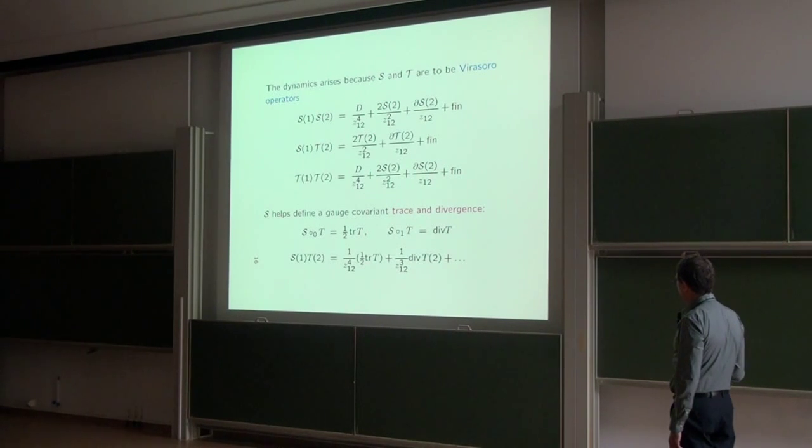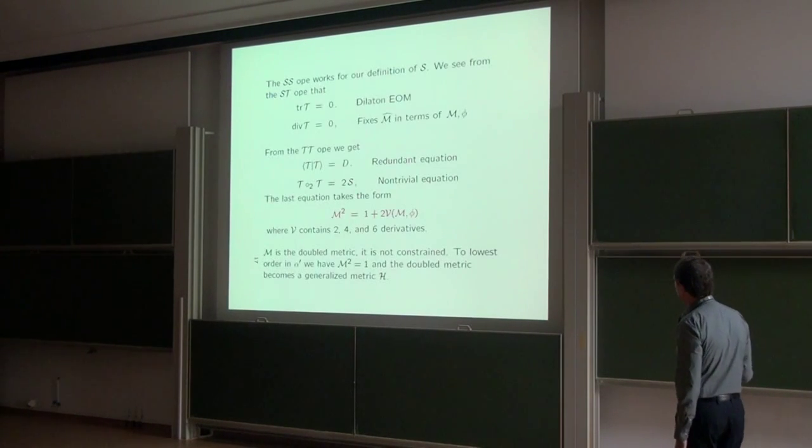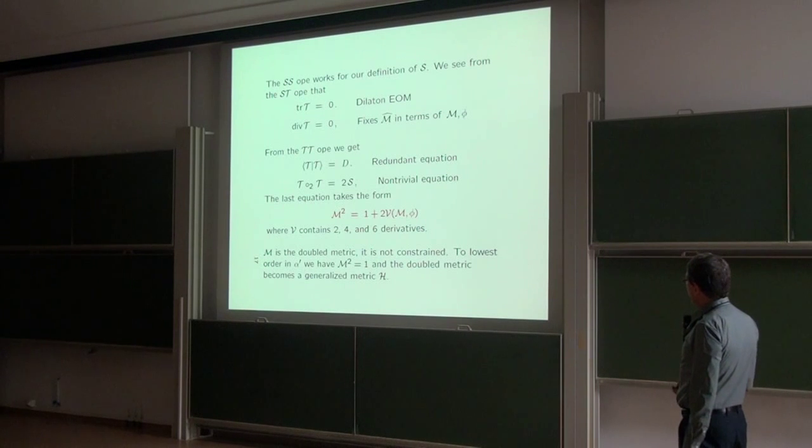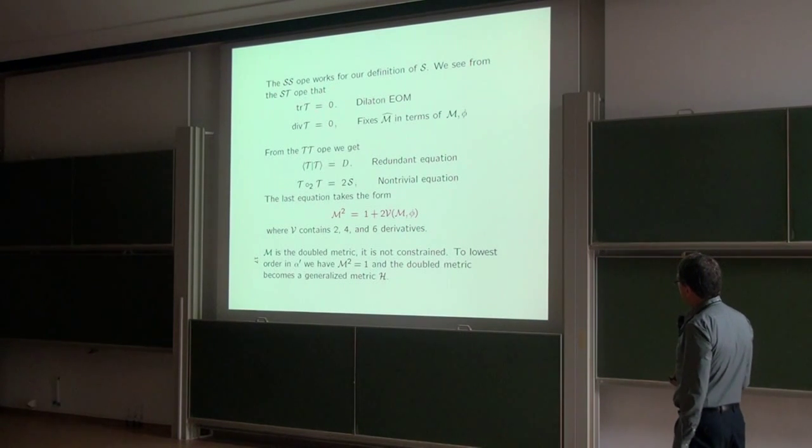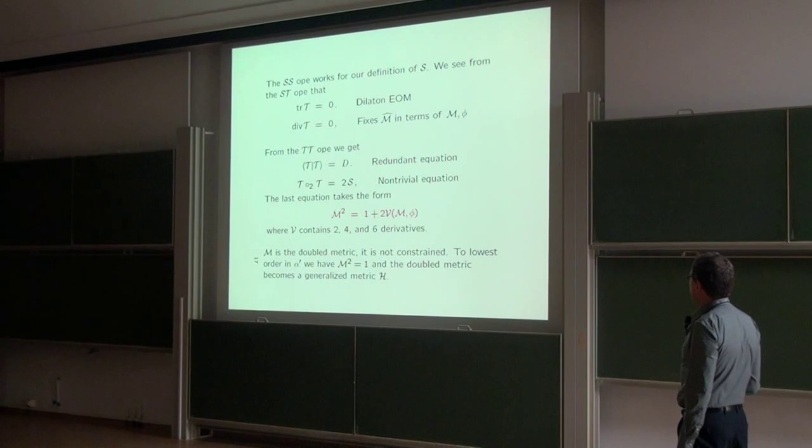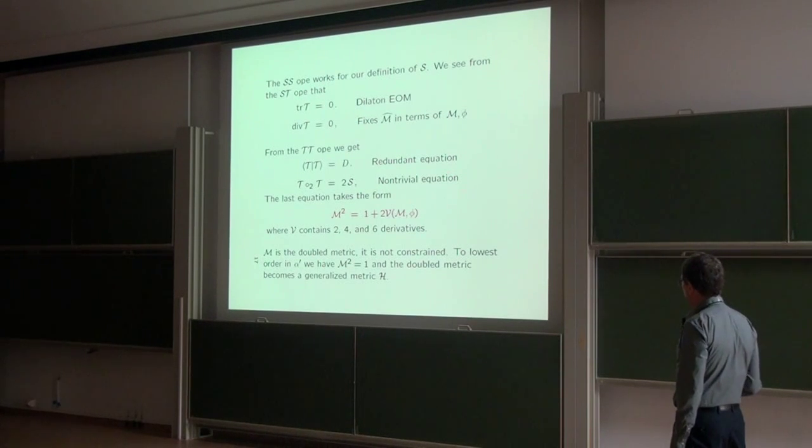So you learn that the trace of this object tau and the divergence of this object tau must be 0. So indeed, if you compare with the Virasoro equations, you get that the trace is 0, the divergence is 0. From the TT OPE, you get a redundant equation and a non-trivial equation.